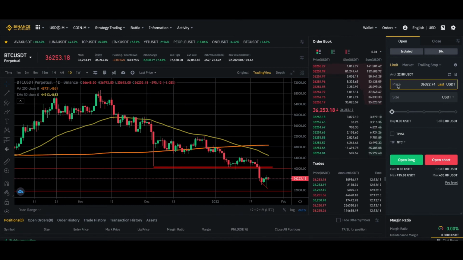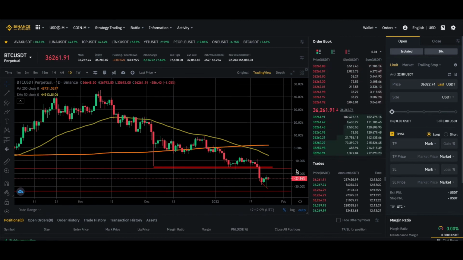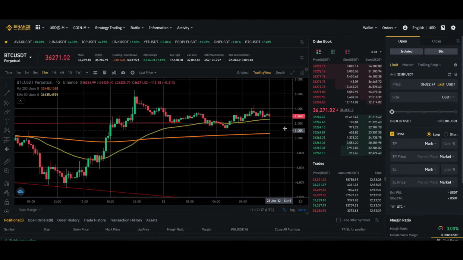And then the process for limit and market orders is the same, but you've also got this take profit and stop loss here. So this is what I was saying earlier about the percentage chart on here being very helpful. If you're doing short-term trades, you can see, for example, our highs have been up here, 3.88, lows down here, so you know the sort of area that you're trading in.